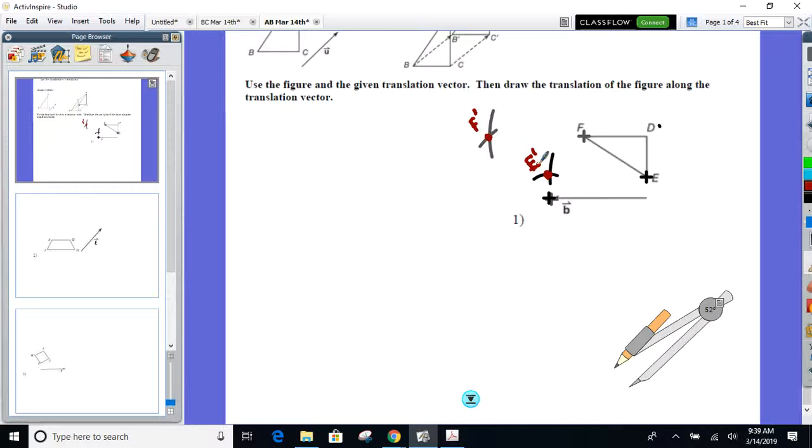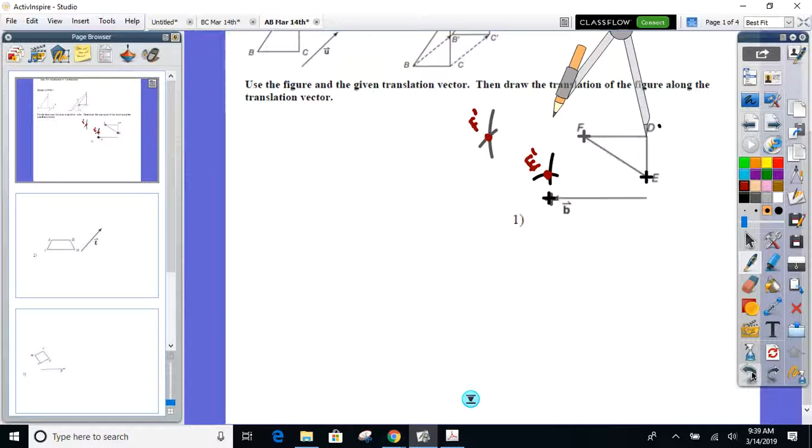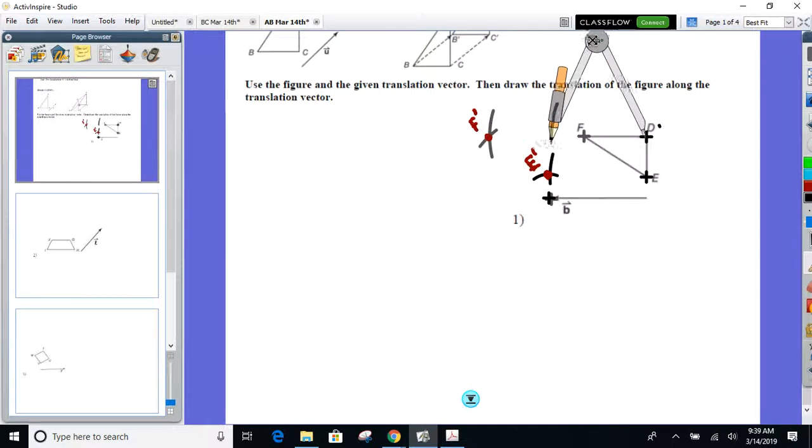And now we do it for D to finish this off. And the beginning of the vector to D. Then go to the end of the vector and make your arc, and there's D prime.